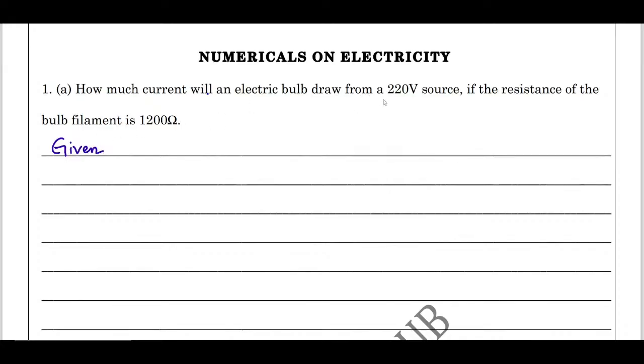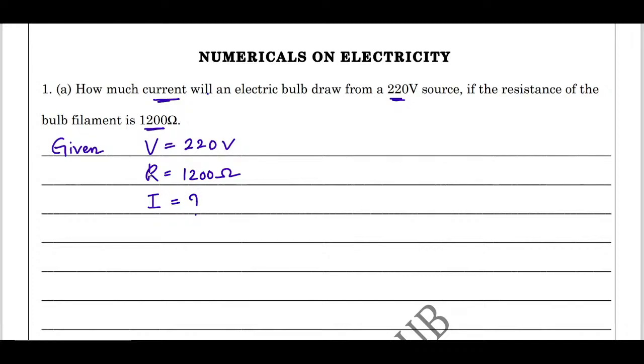What is given here? It is given the voltage V equals 220 volts, and the resistance R equals 1200 ohms. What we need to find out? We need to find out current. So current I equals question mark.